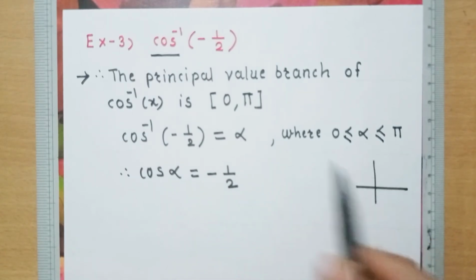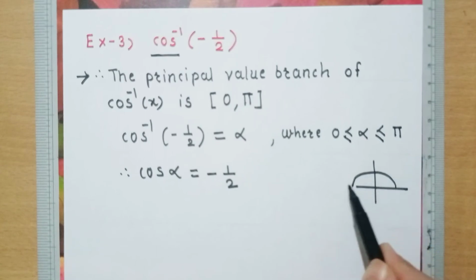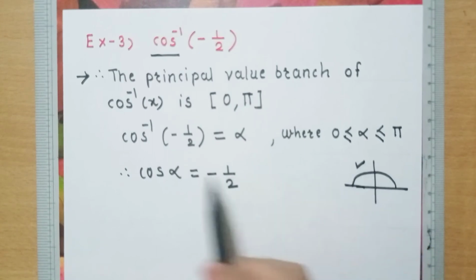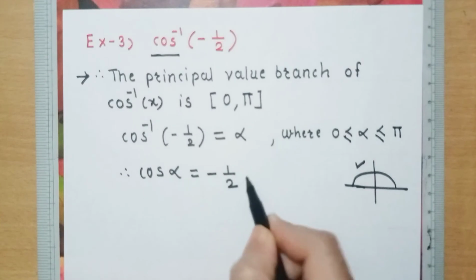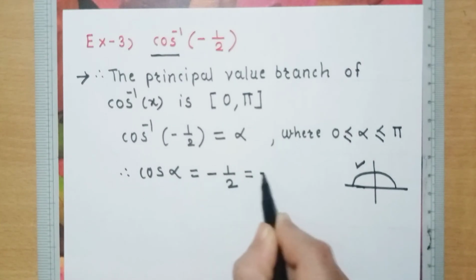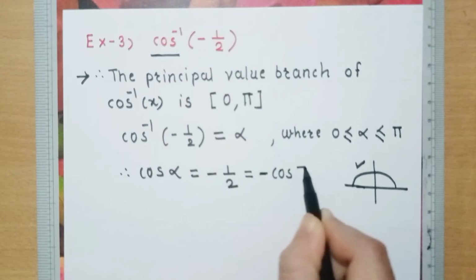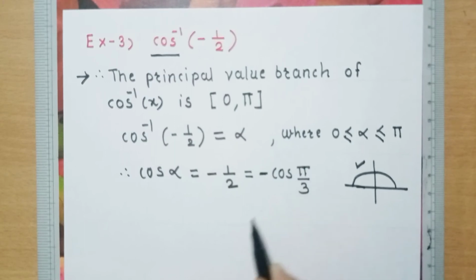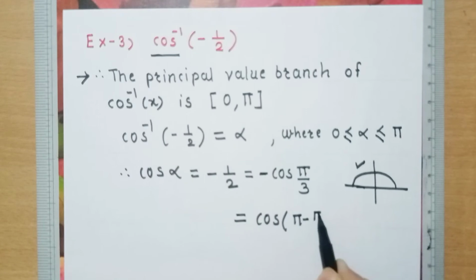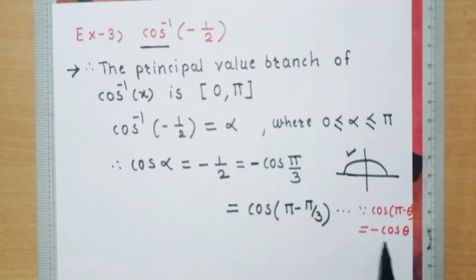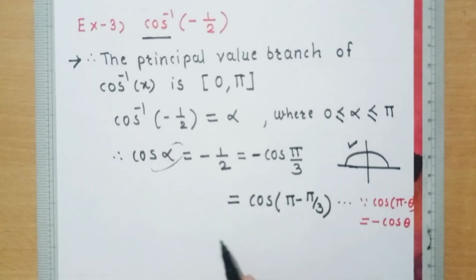And we can choose this angle. Now check again, this interval is 0 to pi, so we can choose the second quadrant also, and we know that cos of 60, with this minus as it is, is cos of pi by 3, and minus cos pi by 3 in the second quadrant we can write as cos of pi minus pi by 3, because in the second quadrant cos is negative, and again this is equal to cos of 2 pi by 3.